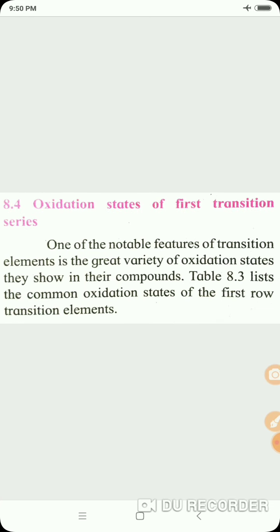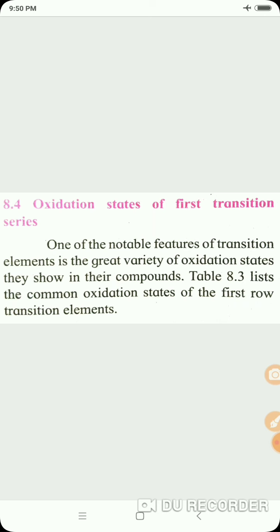Next part, point number 8.4, oxidation state of first transition series. So one of the notable features of the transition elements is the great variety of oxidation states.